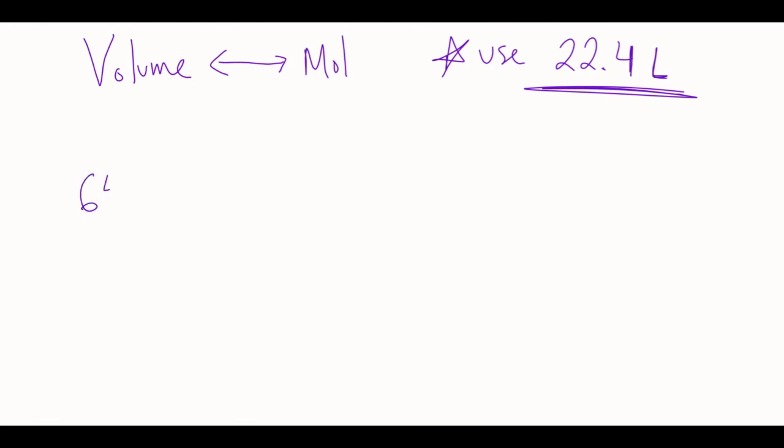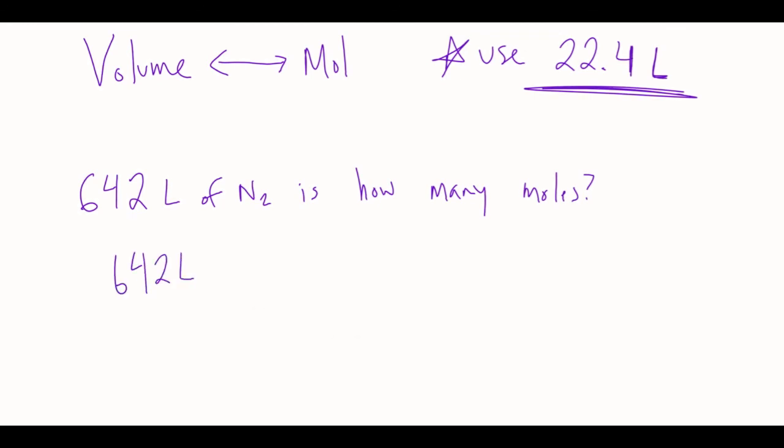All right, so last example here. If we have 642 liters of nitrogen gas, that is how many moles of nitrogen gas? You always start with what the question gives you. So we have 642 liters.